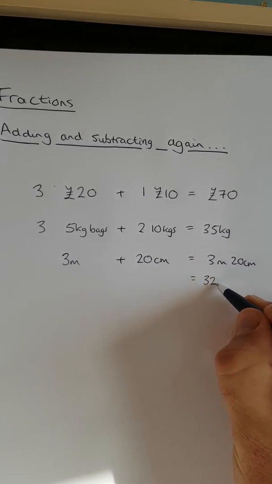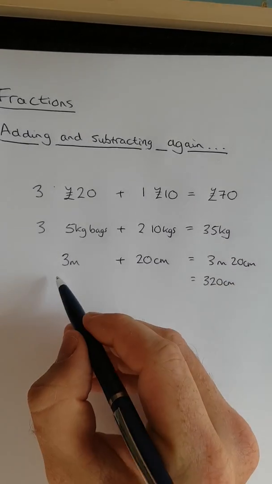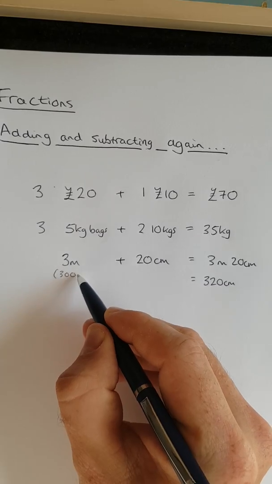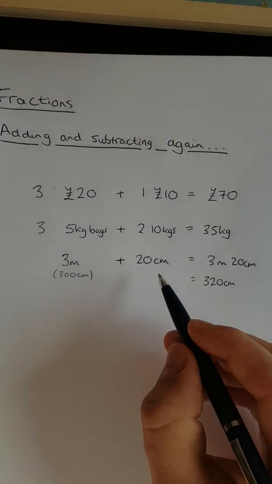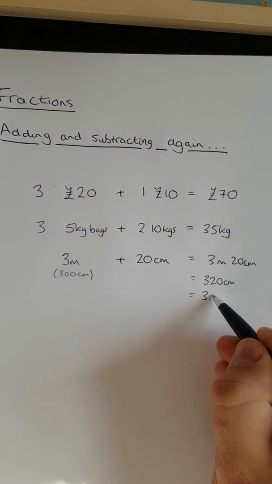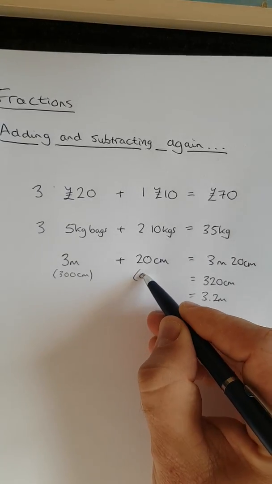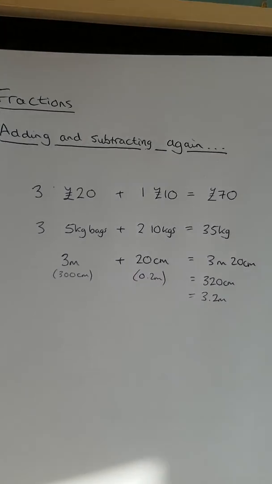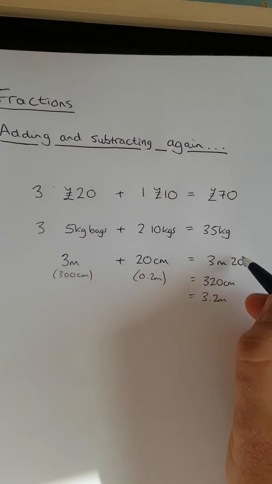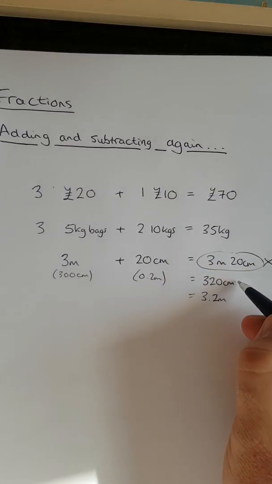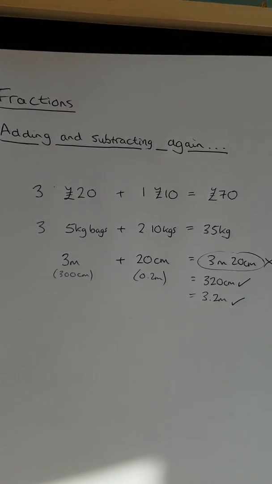We could say we have 320 centimeters, converting our 3 meters, or we could say 3.2 meters, converting our 20 centimeters. Of these options, the first one is not ideal and the other two are good, where you use the same units. Now, I'm not talking about fractions yet, so you might be wondering, where is he going with this?